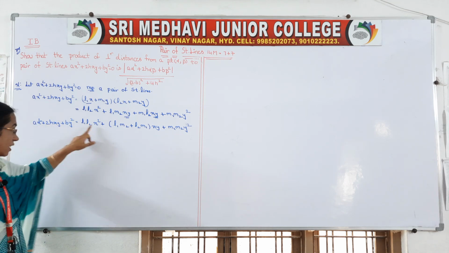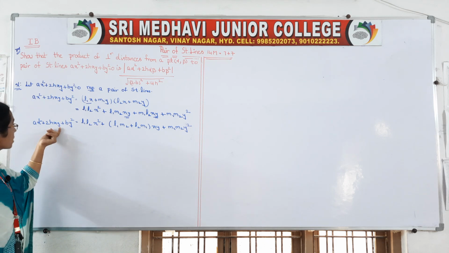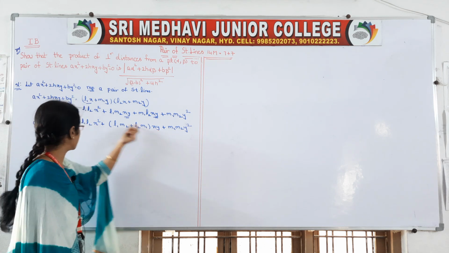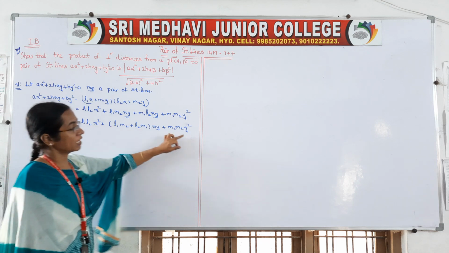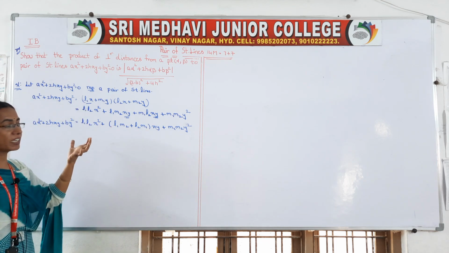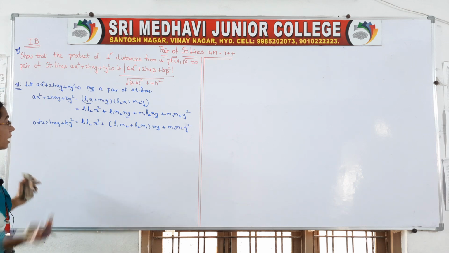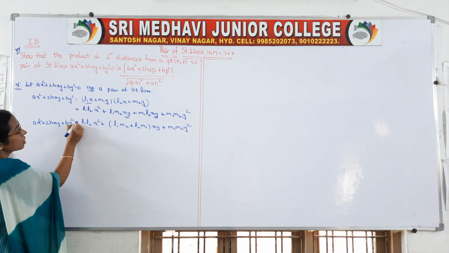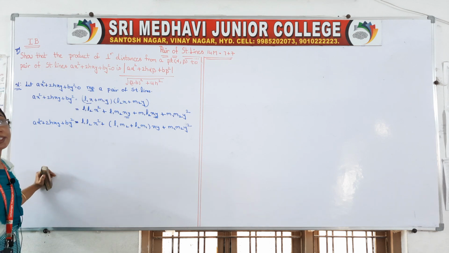So now compare the coefficients of like terms on both sides. The x square term is there, the xy term is there, the y square term is there on both sides, isn't it? So we compare the coefficients of like terms on both sides. Why can we compare? Because there is an equal sign in the middle, so we can equate the coefficients of like terms.